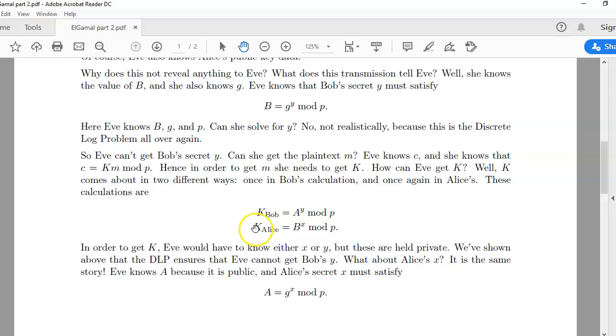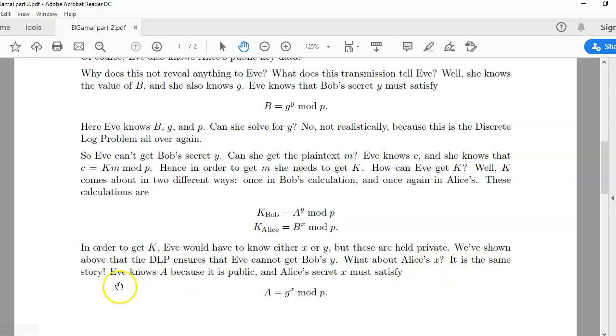Can Eve get the key K from doing Alice's math? To do that, she would need to know X, the X part in B to the X. And of course, that's secret. So can Eve somehow get X, which is supposed to be secret?